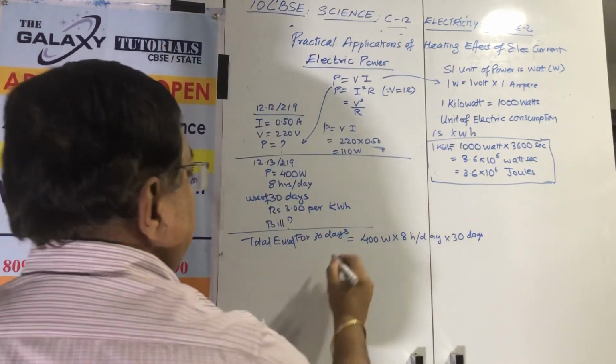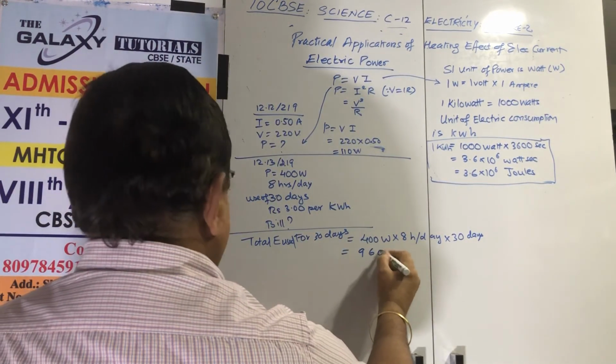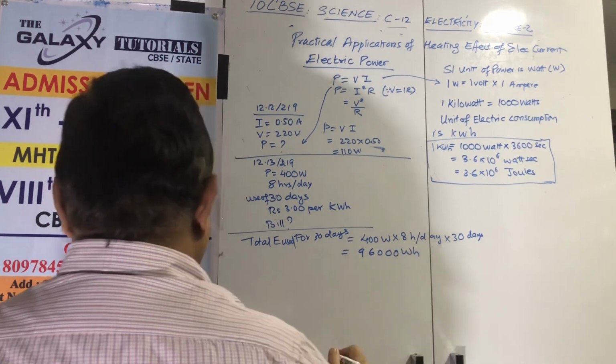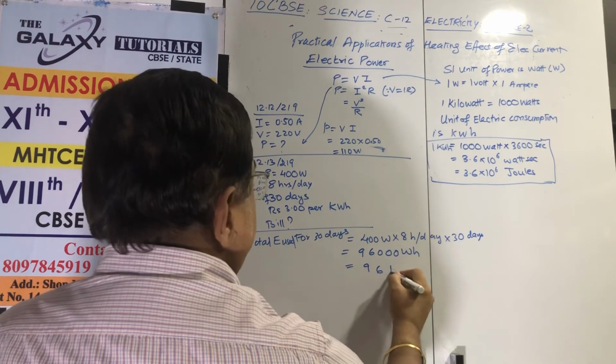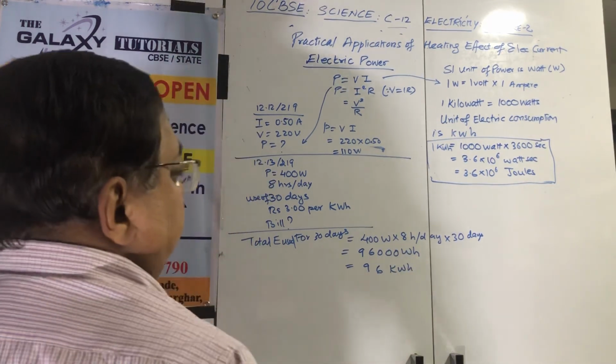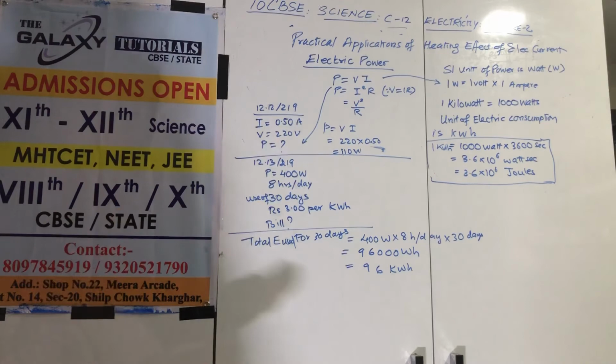So that is 96000 watt hour. That is divided by 1000. So I will get 96 kilowatt hour. That is what your meter shows when it rotates the reading or numerical reading by LED.